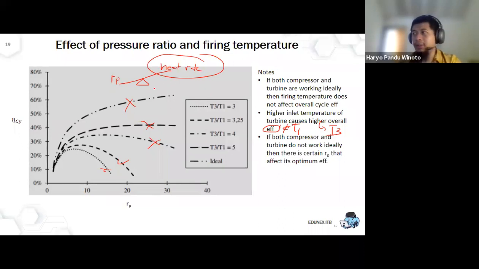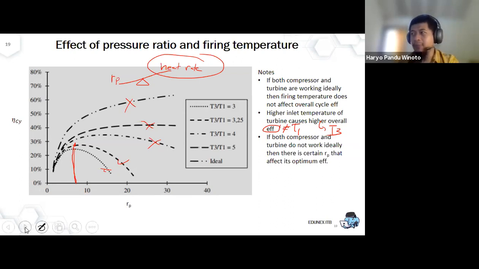When you take care of your pressure ratio, maybe you want to get this one, this one is the optimum one, sir, you said that. But there is another curve that states your heat rate, the work delivered by your turbine, is affected. So you need to optimize those things.